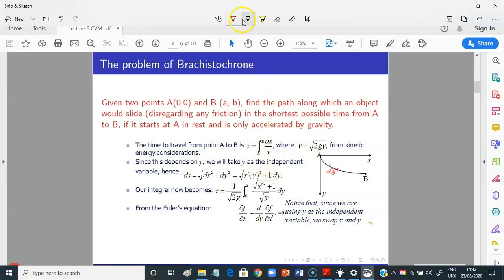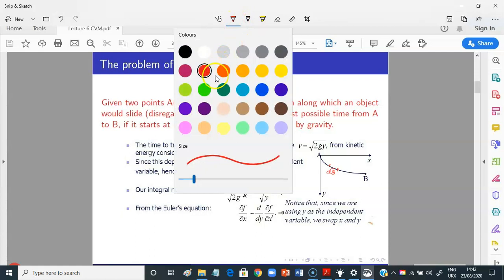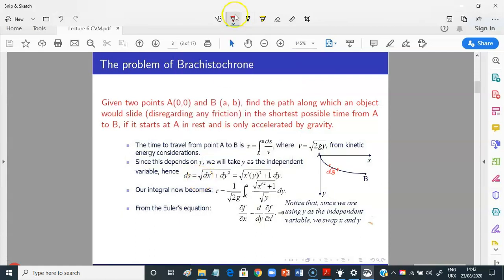Now I tell you, the velocity is given according to the equations of motion. If u is the initial velocity of a particle, and v is the final velocity at some point, and the particle is moving under the influence of gravity, then one of the equations is v square minus u square equal to 2g s, where s is the distance.